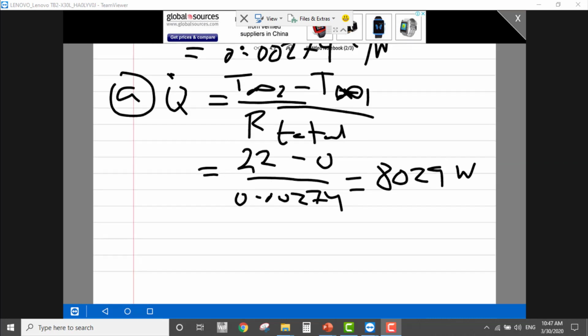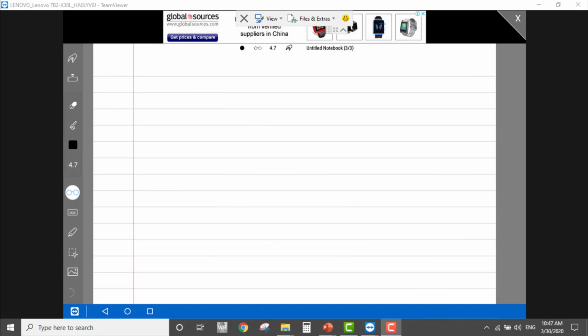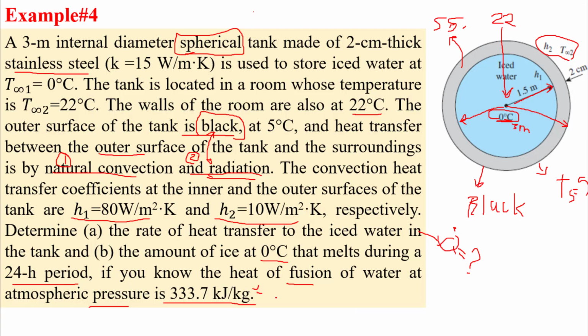Now let us move to a new page. The second requirement is to find the amount of ice melted down. So let me move to the statement of the problem.